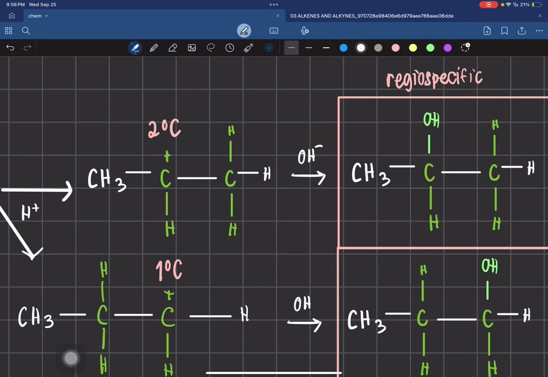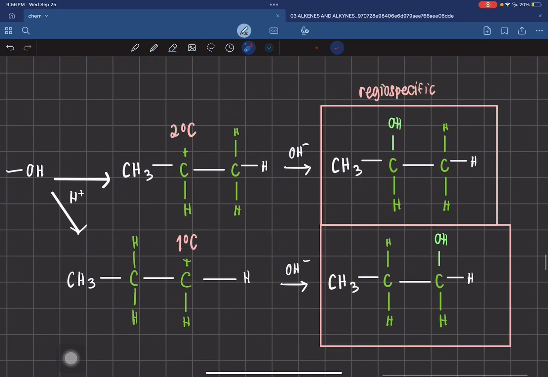Ayan, this is our nucleophile. Negative. Electronegative siya. So, mas kakabit siya doon sa carbocation na mas mataas ang classification. So, of course, mas mataas ang classification ng secondary carbon. So, we can deduce na this regioisomer, this regiospecific isomer, ang lalabas sa hydration reaction ng propene.